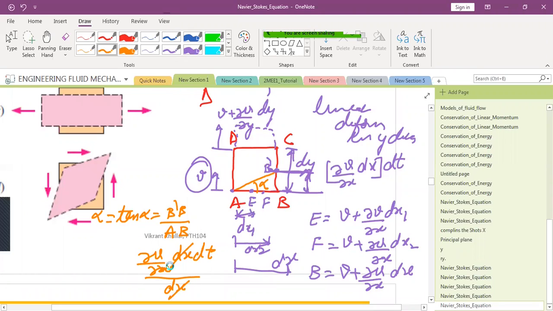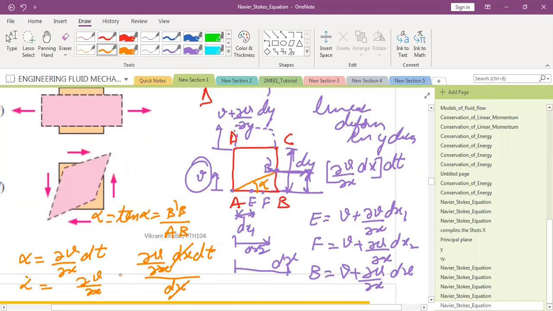So this dx gets cancelled out, and I get alpha as curly v by curly x into dt. So this is the angle. We are interested in the rate of change of angle, so alpha dot will be equal to curly v by curly x. Is that clear?